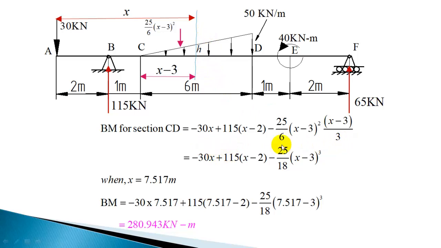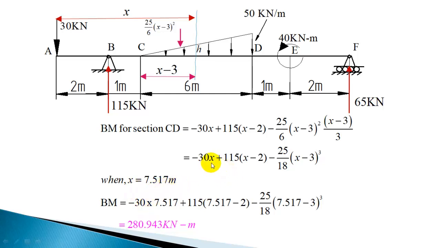I have reduced this: minus 30x plus 115 into (x minus 2) minus 25 by 18, 6 into 3 is 18, into (x minus 3) cube. So this will give the bending moment equation. Now in this equation you have to substitute x as 7.517. At this location you should calculate the bending moment. Substitute x as 7.517 meter.